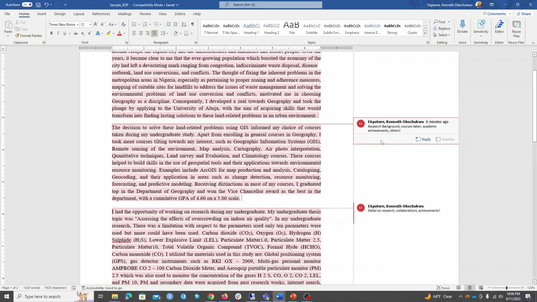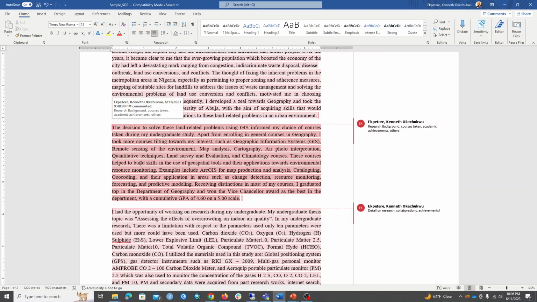Now, in the next paragraph, she's going to be talking about research background, courses taken, and academic achievement. So let's look at that. The decision to solve these land-related problems using GIS informed my choice of courses taken during my undergraduate study. Apart from enrolling in general courses in geography, I took more courses tilting towards my interests such as Geographic Information System (GIS), remote sensing of the environment, map analysis, cartography, air photo interpretation, quantitative techniques, land survey and evaluation, climatological courses.